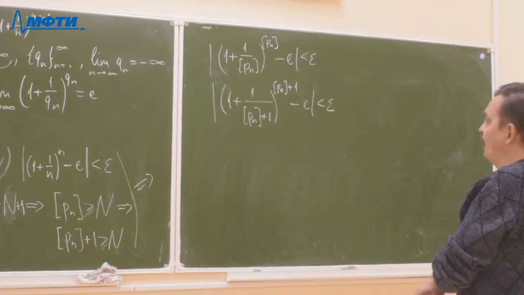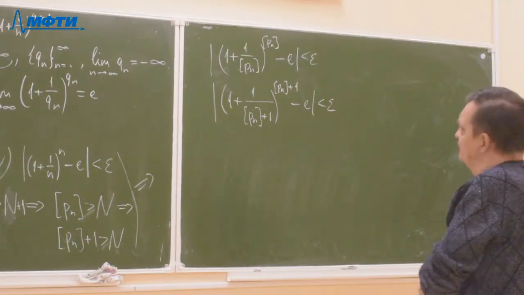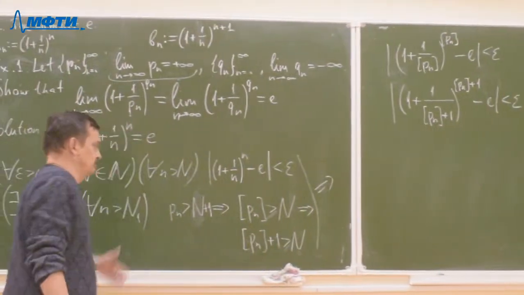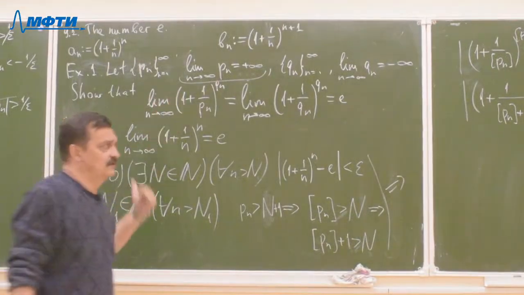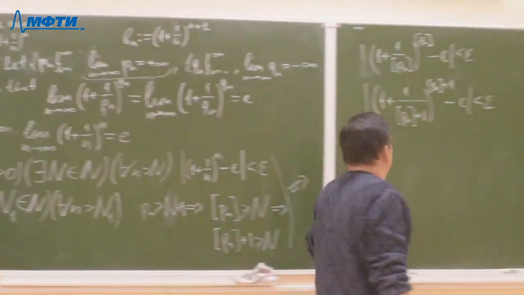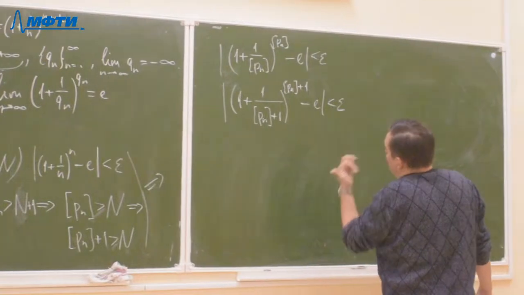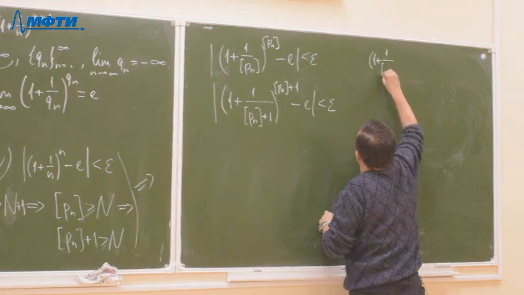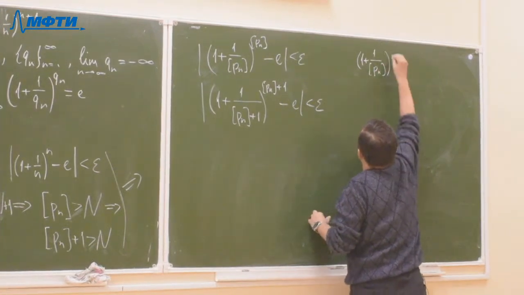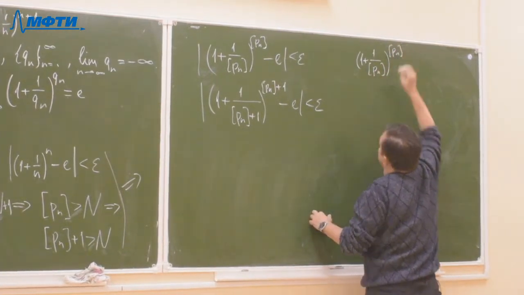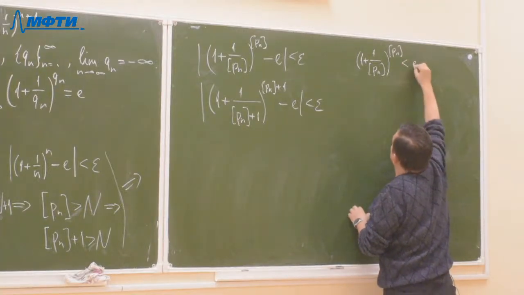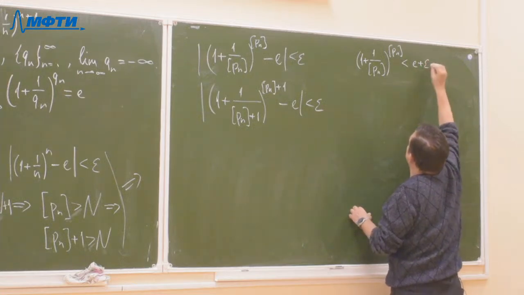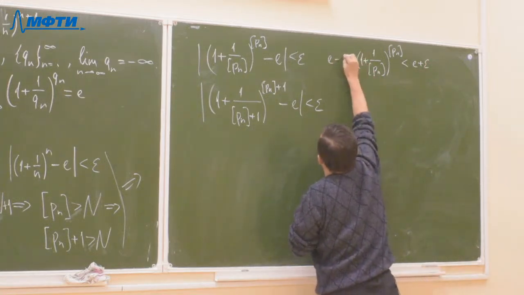Okay, in fact, we know that the sequence (1 plus 1 over n) to the power n is increasing, and it means that in fact we know more precisely that 1 plus 1 over the integer part, to the power integer part, is less than e plus epsilon and greater than e minus epsilon.